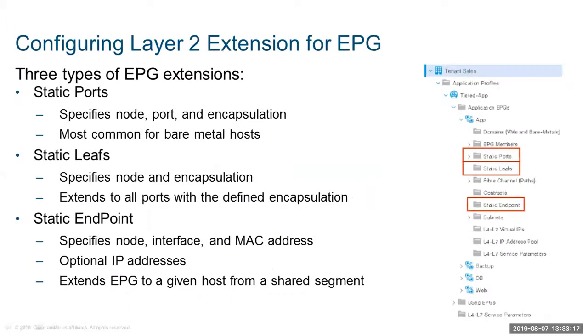So configuring your layer 2 networks shows you how you're going to go about configuring them. Here it shows you select your EPG. You want to add static ports. You can do that. Statically assign a port to the EPG.